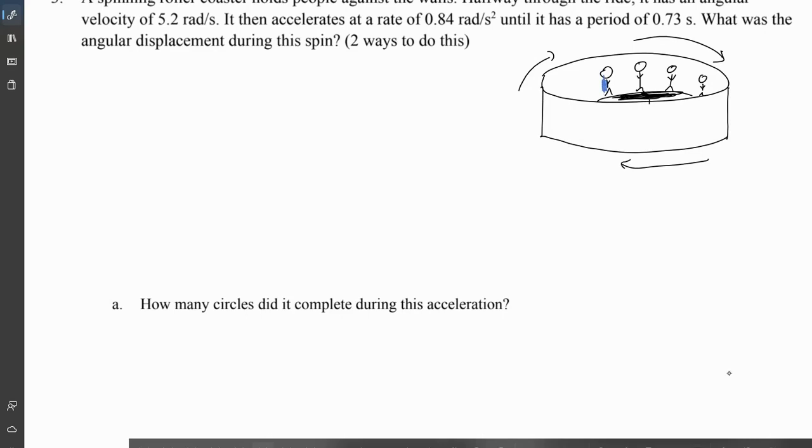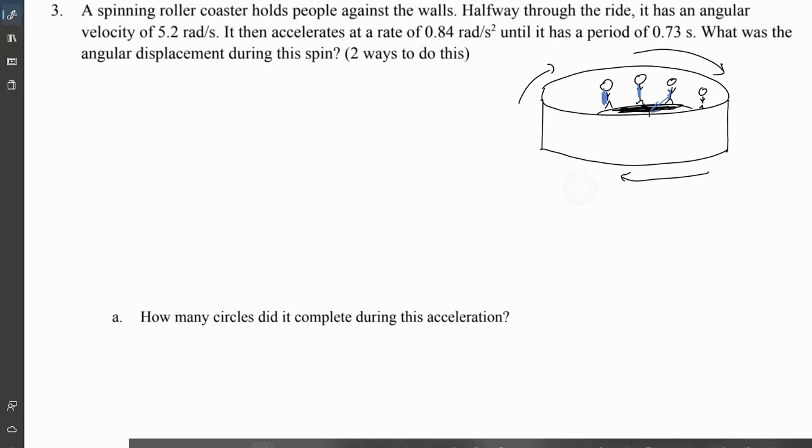So you're moving in a circle as this entire ride is rotating, and you stay up because of the friction between you and the wall, which is kind of fun because the floor just drops out from underneath you. But the faster you go, the greater your normal force is toward the center, which means you have a greater friction. Okay, anyway, that's just kind of the premise of this question.